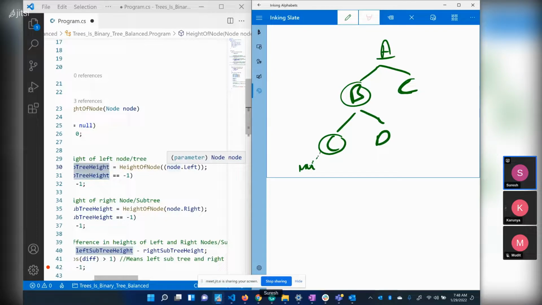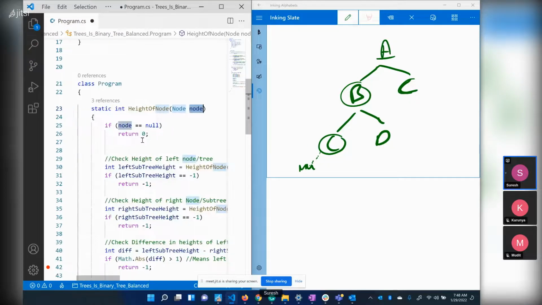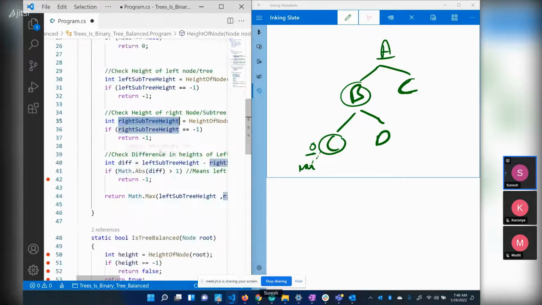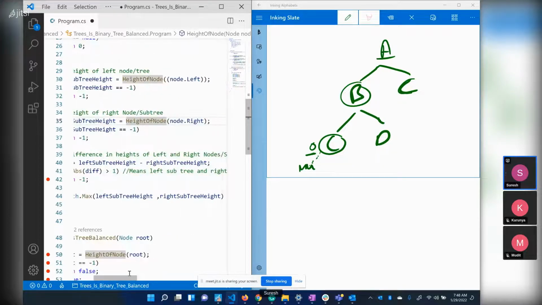Null, right? So now node is null, go here, node is null, return 0. Finally we got 0 here for the left subtree height. Now we are at the C level again. Now get the height of the right subtree. What is the right of C? It is also null, so we get 0.